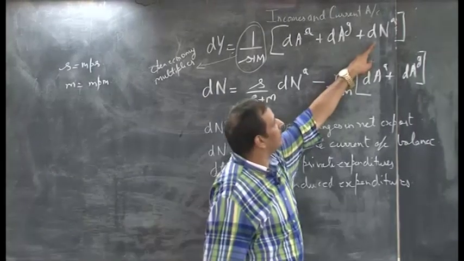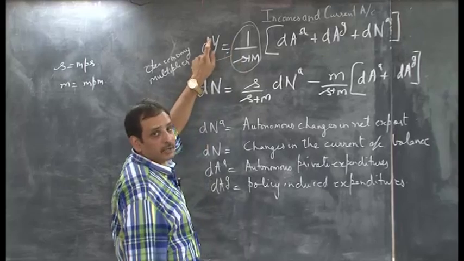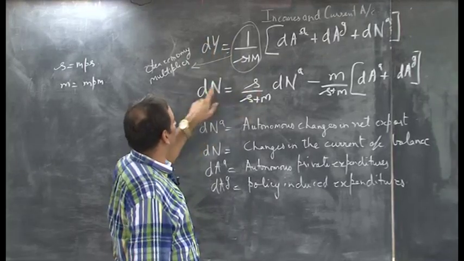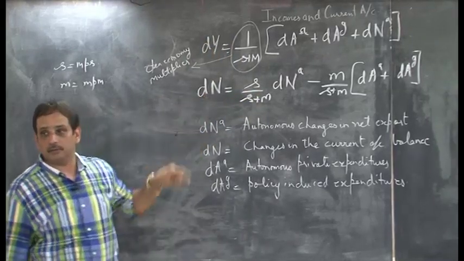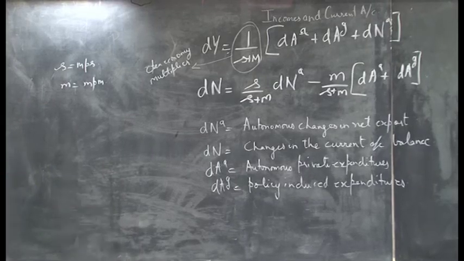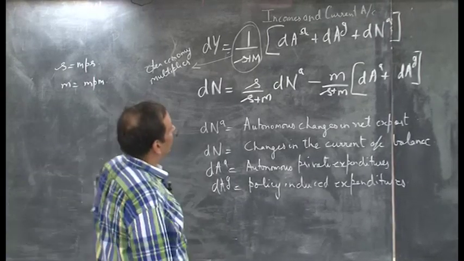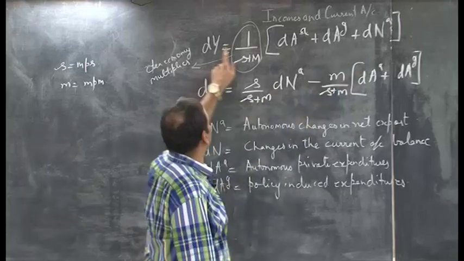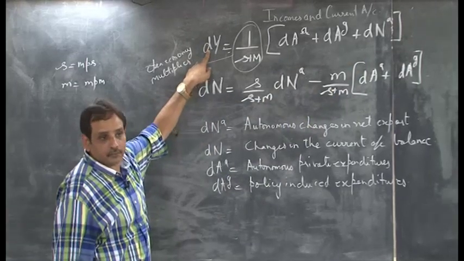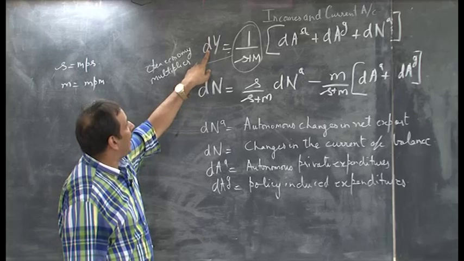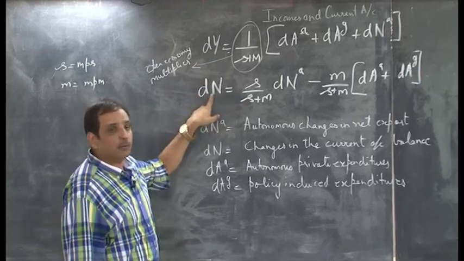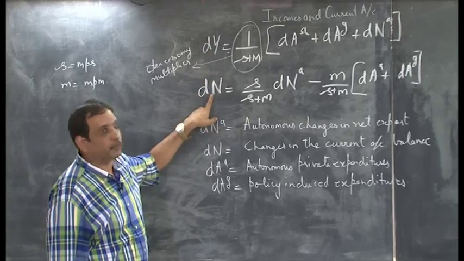So, if there is an increase in DNA, it will have an impact on the incomes, but it will also improve the current account balance. Now, you can see from here that if there is an improvement in the current account balance, it has an impact on the incomes. And we are also saying that it improves the current account balance.